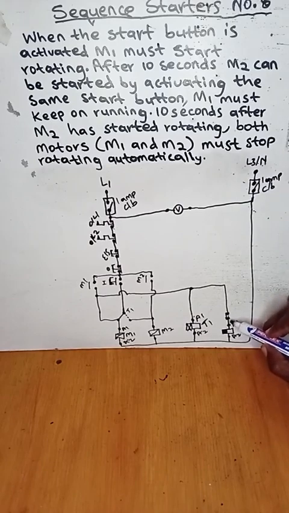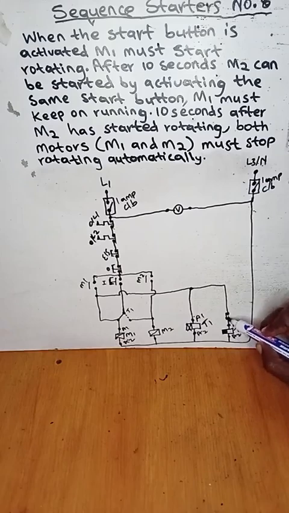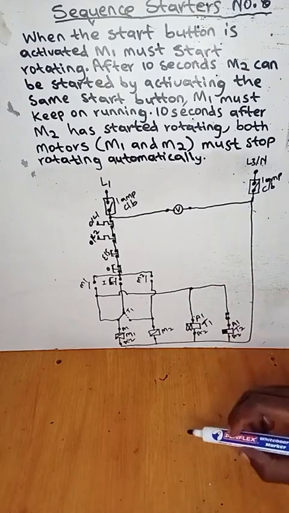So the reason why we have inserted a normally closed contact before the delay on timer, which would be T2, is because for the delay on timer to start counting, it must have a contact that cuts its live current, which will affect the delay on timer to start counting, right?